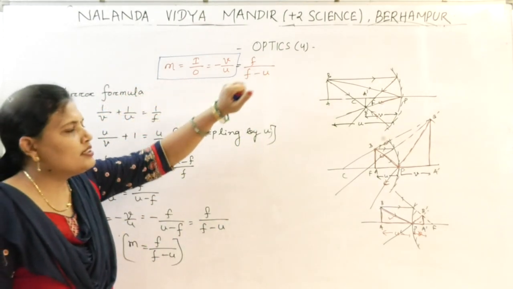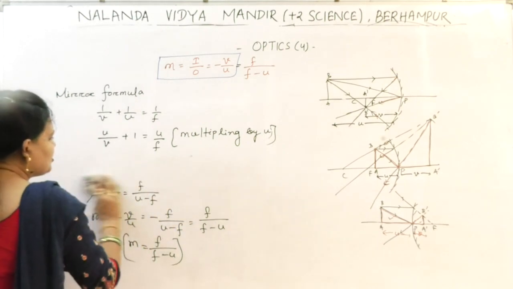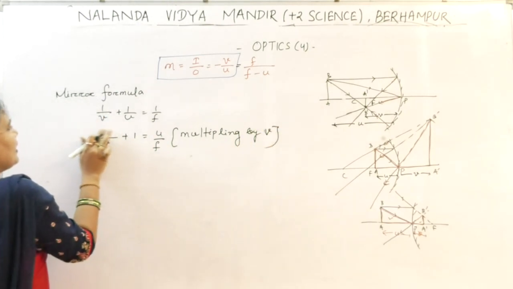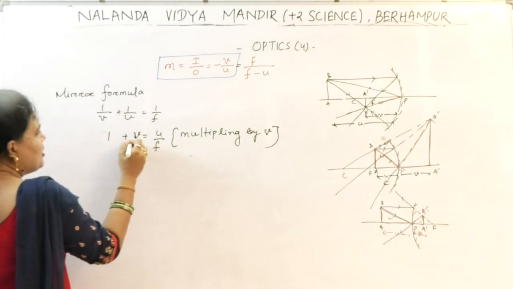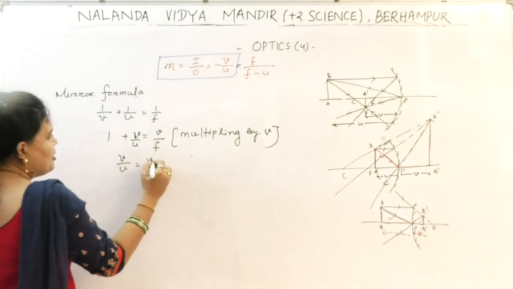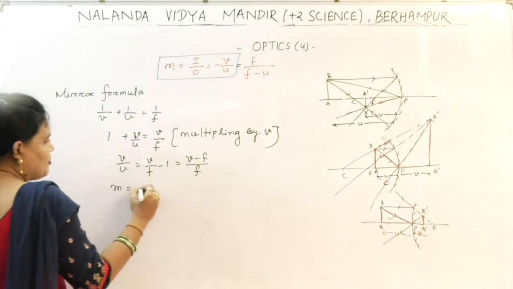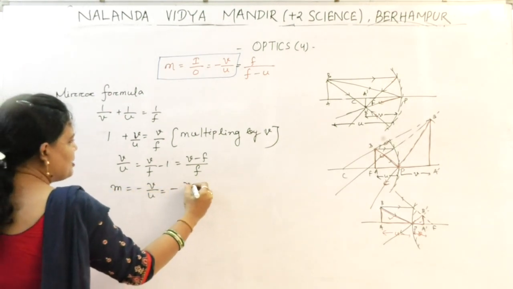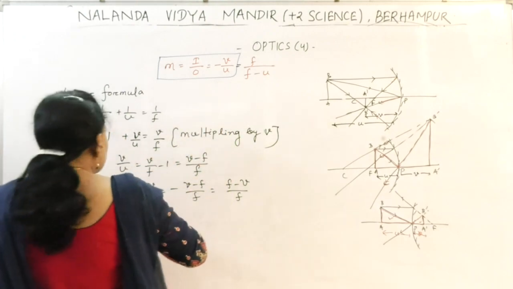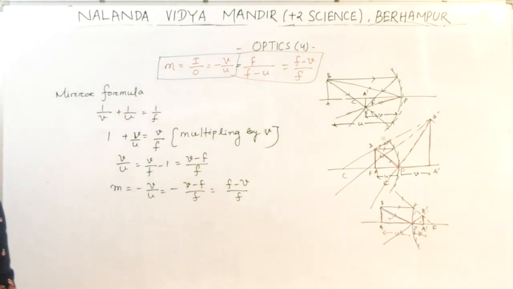Now let us find out in terms of image distance V. Let us multiply throughout the equation by V. Multiplying by V, what I can get? 1 plus V by U equal to V by F. So V by U equal to V by F minus 1, so V minus F by F. So magnification equal to minus V by U is minus V minus F by F, that is equal to F minus V by F. So another formula we got: F minus V by F. So these are the formulas for the magnification.